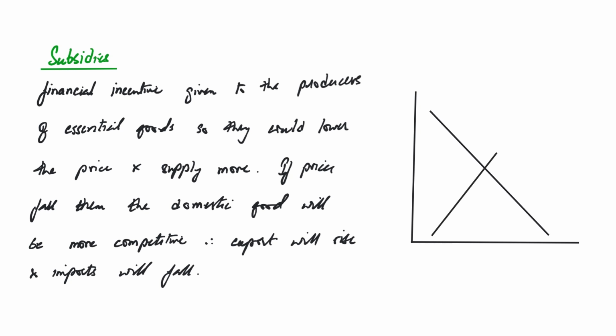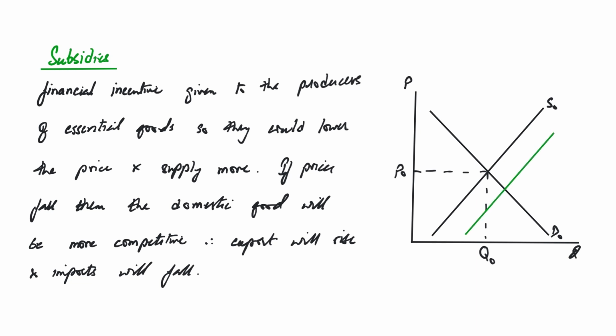इस प्राइस पे इतनी क्वांटिटी ट्रेड हो रही है, और फिर जब सब्सिडीज मिलेंगी तो सप्लाई कर्व जो है हमारा डोमेस्टिक सप्लाई कर्व इज गोइंग टू शिफ्ट टू द राइट.